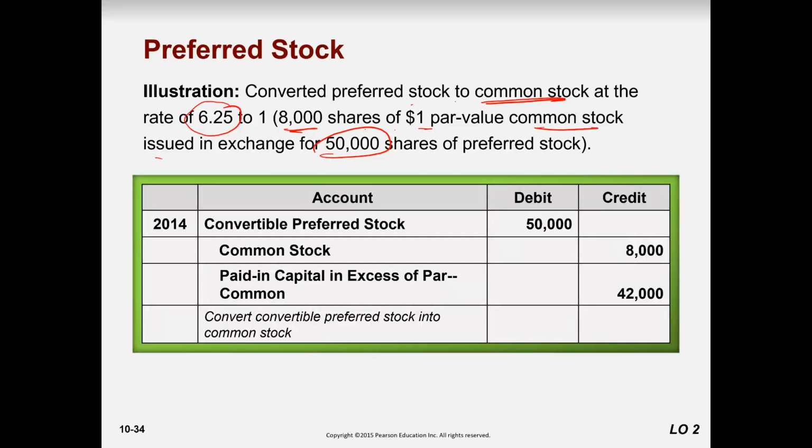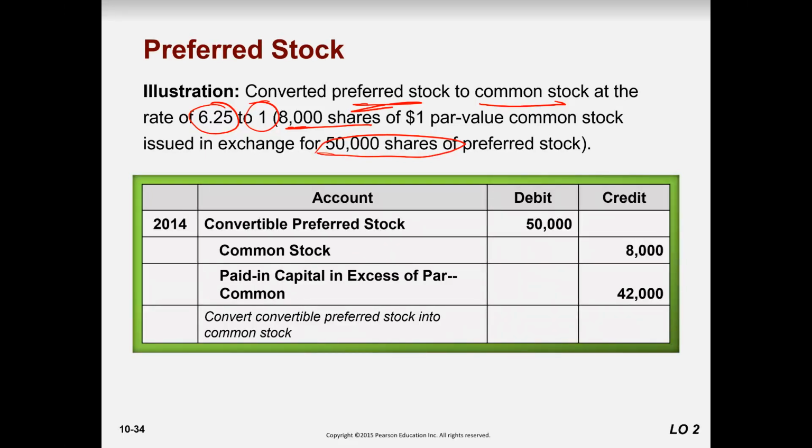Convertible preferred stock to common stock. So this is 6.25 preferred stock to common stock 1, which means the person who holds 6.25 preferred stock will be given 1 common stock. So the idea is 8,000 common stock will be issued against 50,000 shares of preferred stock.